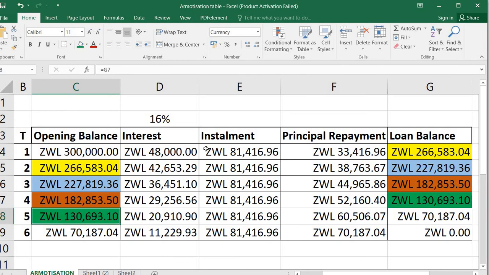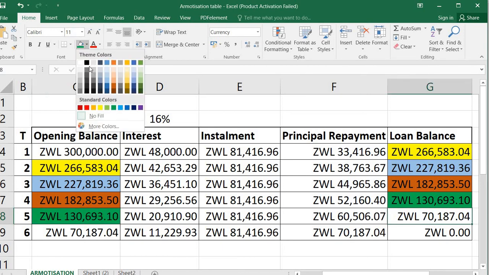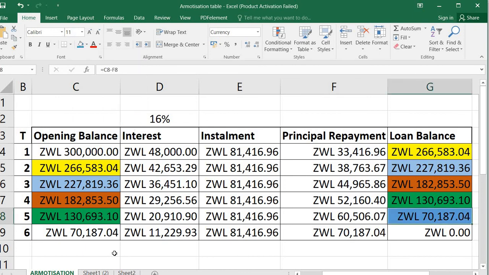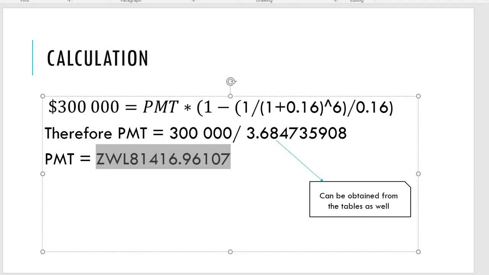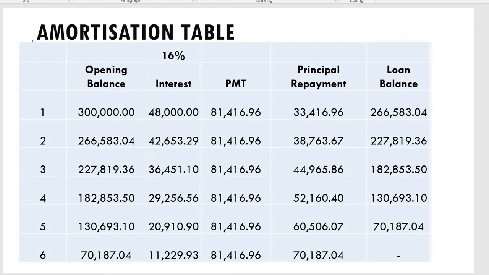And that one also put green. And that one, see that one. Okay. And finally, our loan balance at the end of year 6 would be $0, which means our amortization schedule is the correct one. So if we just take this amortization schedule, we can put it on our slide there. That's our amortization schedule there.